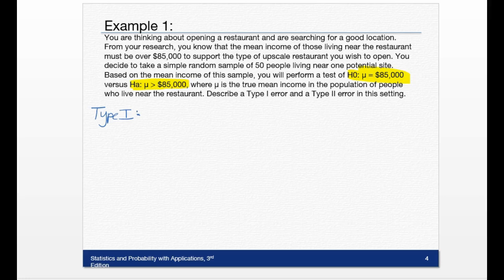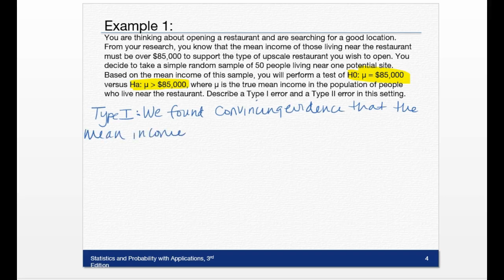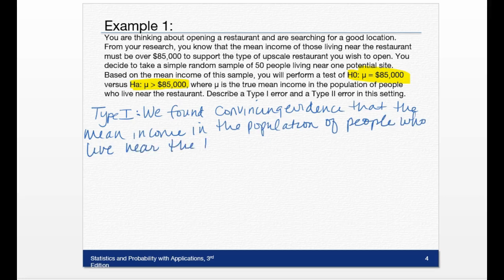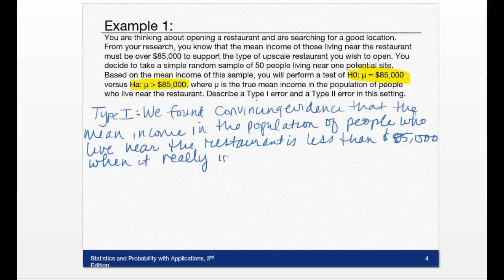So to describe it, it says we found convincing evidence that the mean income in the population of people who live near the restaurant is greater than 85,000 when it really isn't.